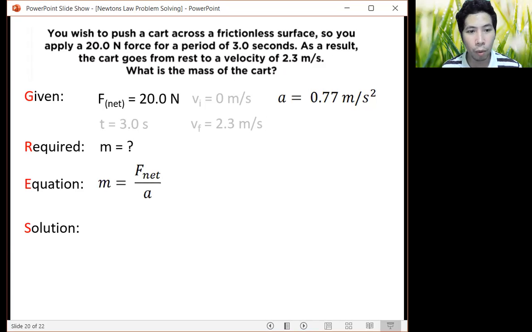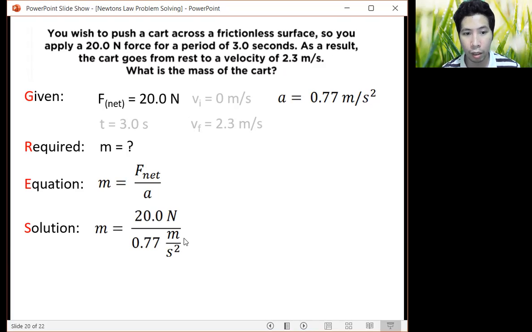We just need to substitute the net force, which is 20 newtons, and the acceleration, which is 0.77 meters per second squared in our solution. So the net force is 20.0 newtons I got from the given, and the acceleration is the one that we solved earlier, 0.77 meters per second squared.